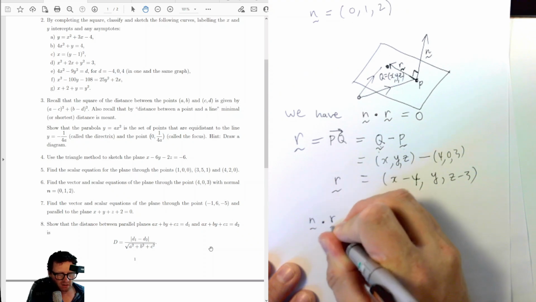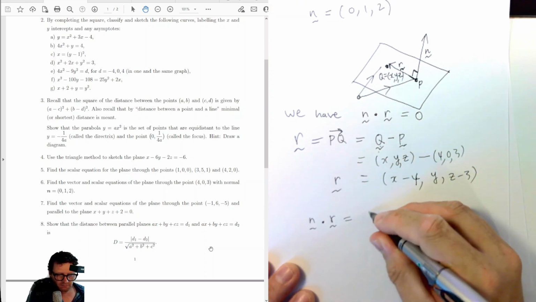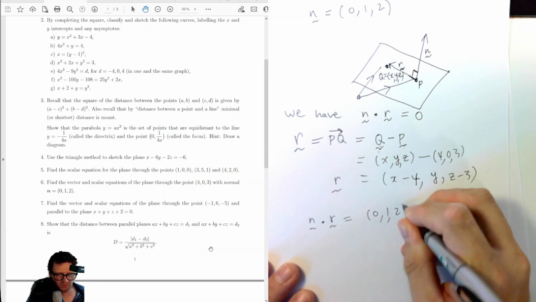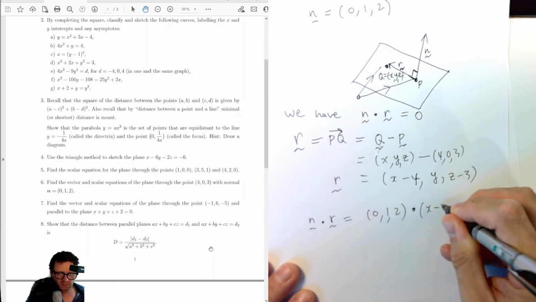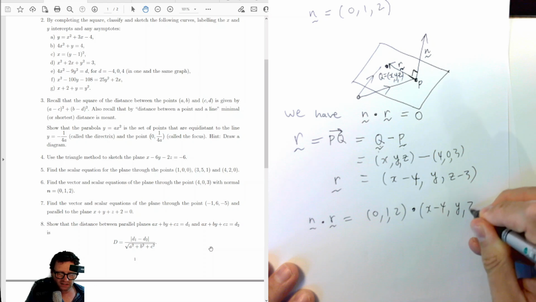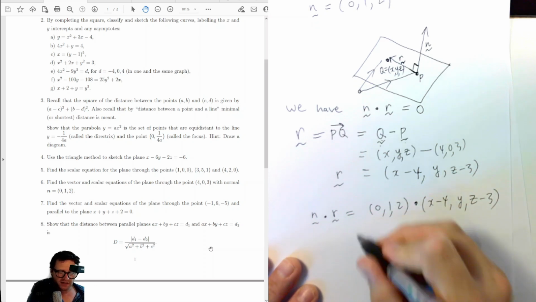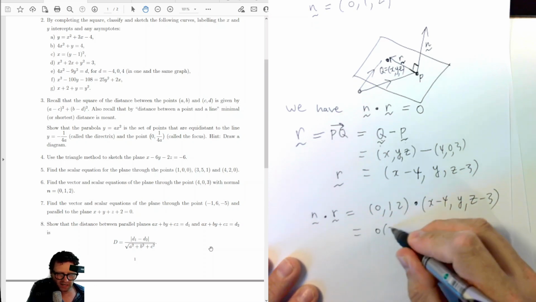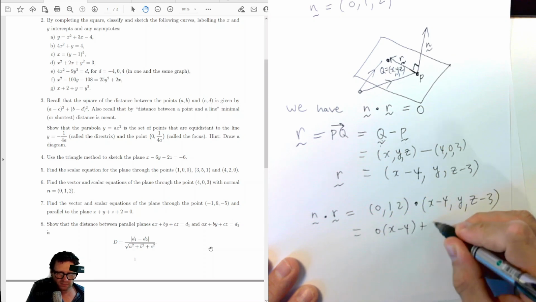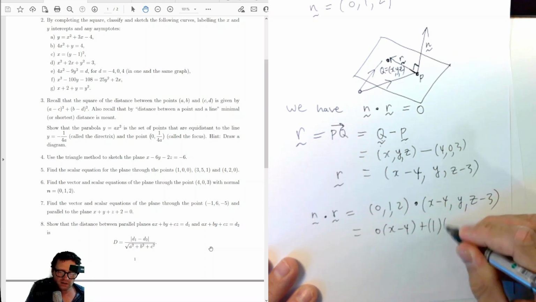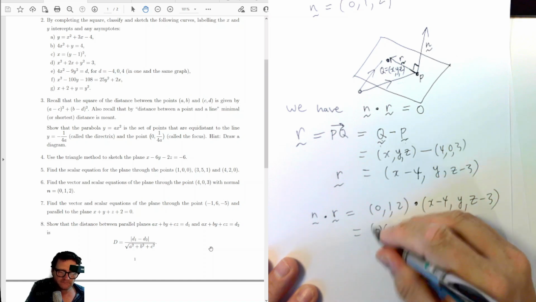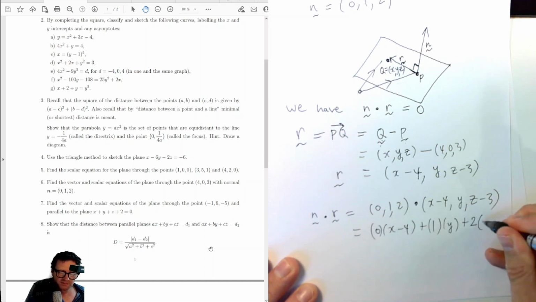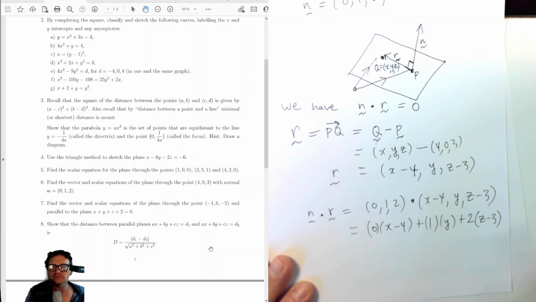All right, now let's take the dot product. So n dot r is 0, 1, 2 dot x minus 4, y, and z minus 3. Now that dot product is 0 times x minus 4 plus 1 times y plus 2 times z minus 3.